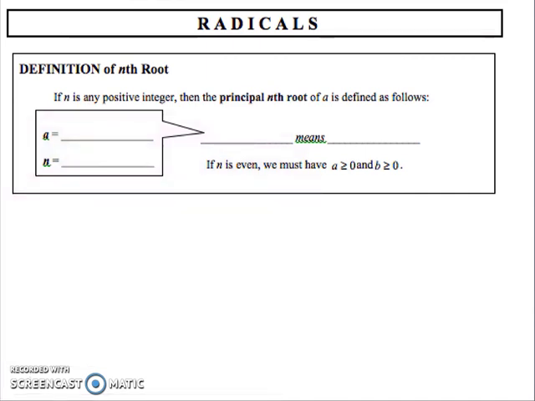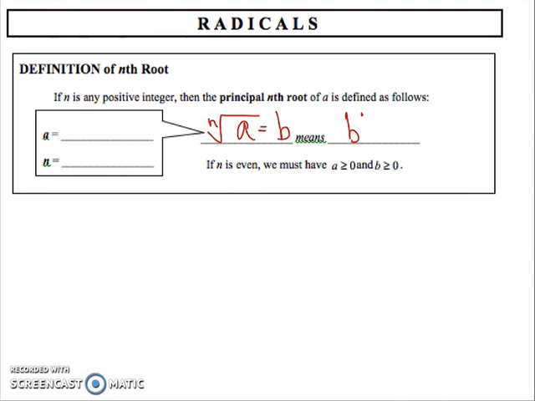If n is any positive integer, then the principal nth root of a is defined as follows. Okay, we've got the nth root of a equals b. And this means that b to the nth power is equal to a. Okay?